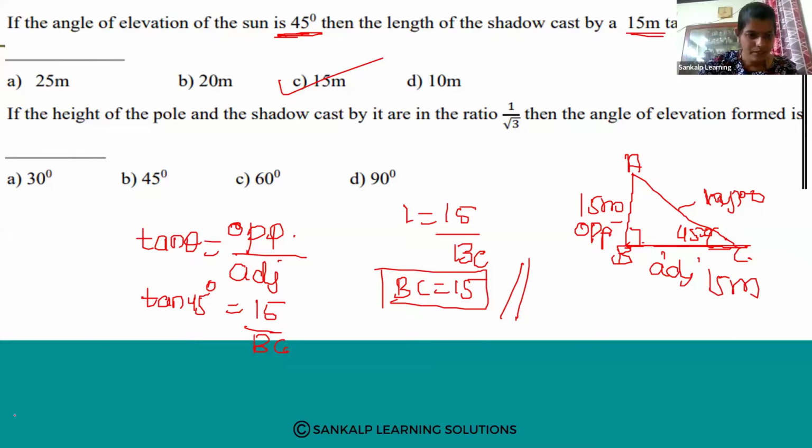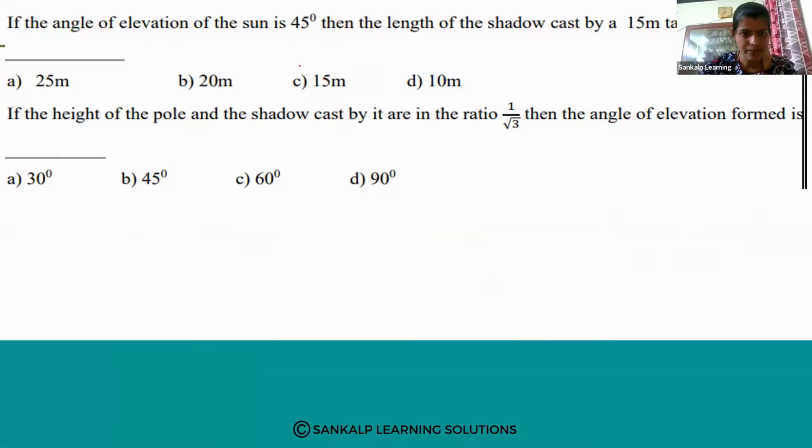If the height of the pole and the shadow cast by it are in the ratio 1 divided by root 3, then the angle of elevation formed is, if the height of the pole and the shadow cast by it are in the ratio 1 divided by root 3.